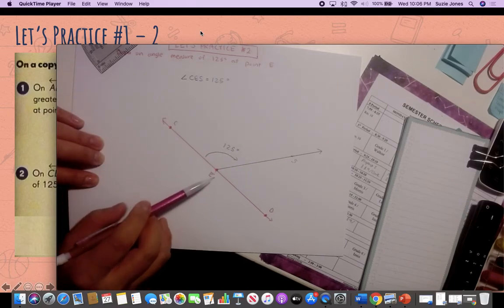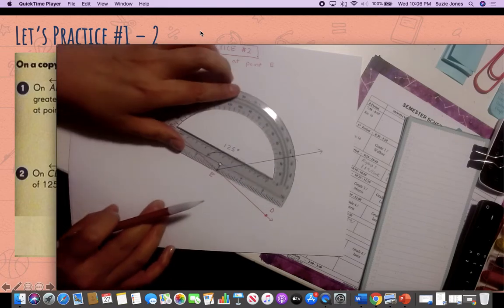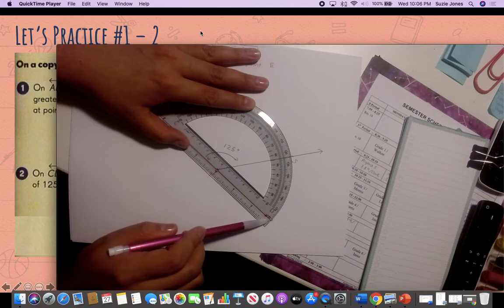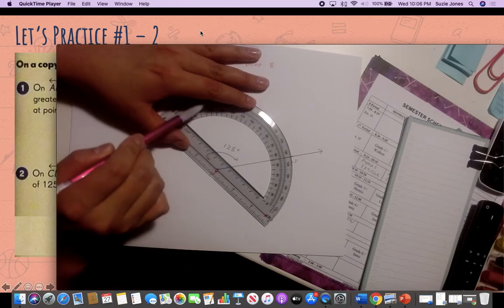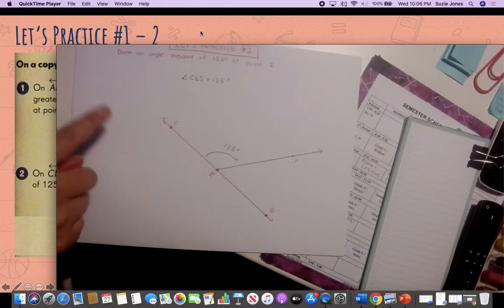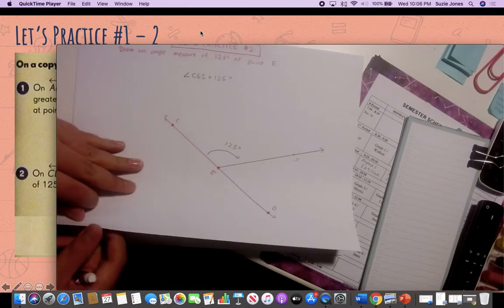And you can also use the inner scale as well, but if you decide to use the inner scale, you're going to draw an angle that goes from here all the way to somewhere here. So 125 here. But I used my outer scale for this one.